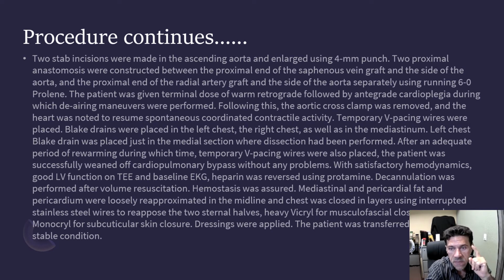Okay, two proximal anastomoses were constructed between the proximal end of the saphenous vein graft, which is the device, and the side of the aorta, and the proximal end of the radial artery. All right, you have the two devices right here. That's cool. We got everything now.